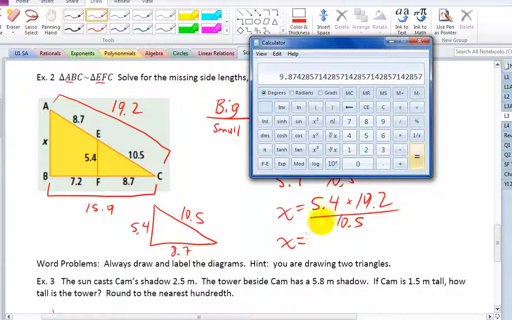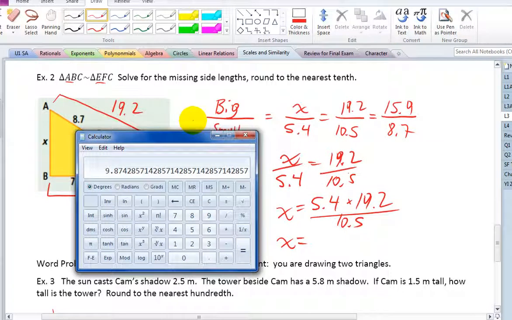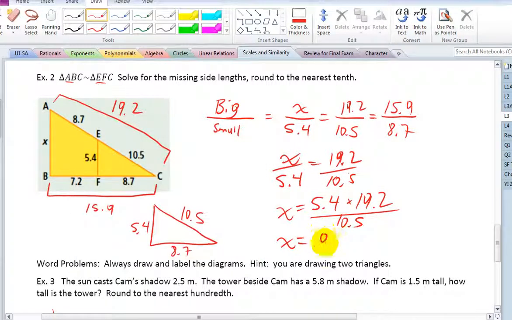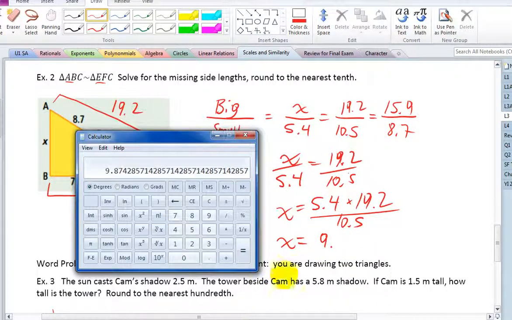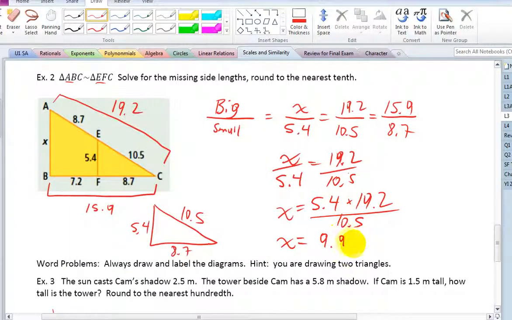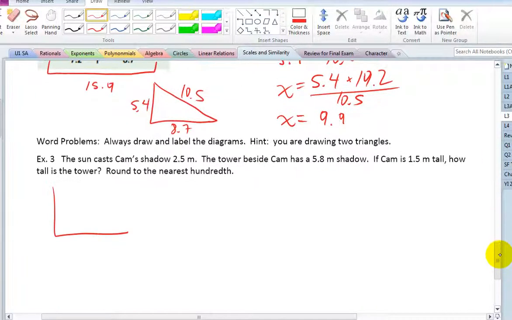We get 9.874. How many decimals? Nearest tenth. So tenth is 1 decimal place. 9.9 is the value of x. So round to the nearest tenth. Questions, comments, concerns?